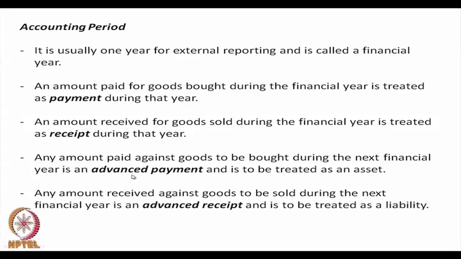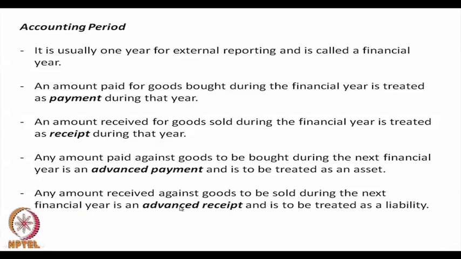So, this is a payment made by the company in advance in anticipation of getting goods from its supplier. Goods have not reached us, but we have made an advance payment.